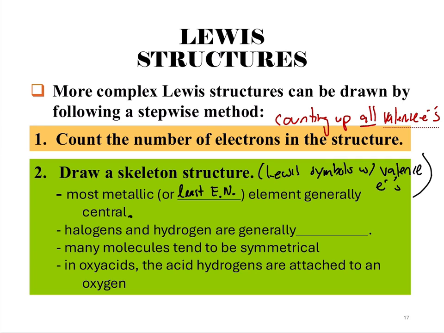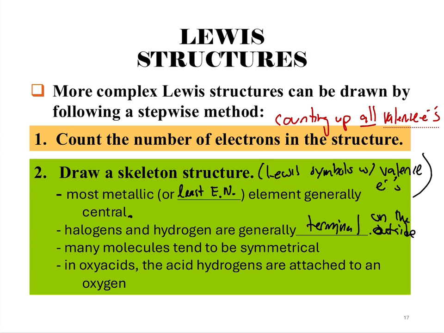Generally, halogens and hydrogens are going to be terminal, which just means on the outside. So those are going to be on the outside.